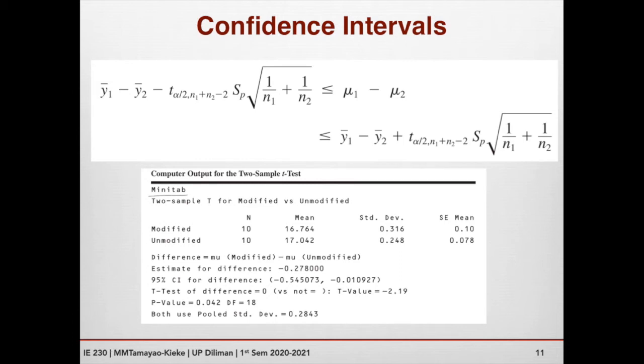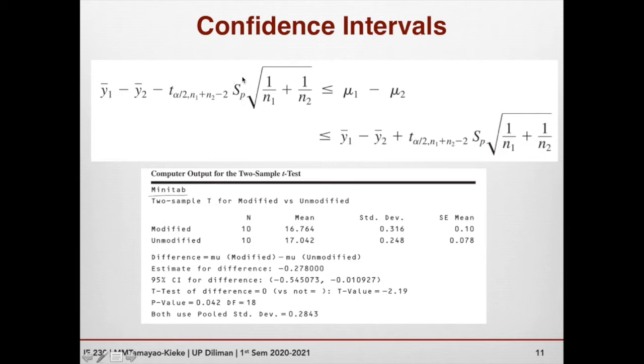From our Portland cement example, you can now calculate the values for each of the terms here. You can calculate, for example, the mean for the modified formulation and the mean for the unmodified formulation. According to our Minitab results, it's 16.764 and 17.042 respectively, but of course you can calculate this using your calculator or manually, or other software that you prefer.